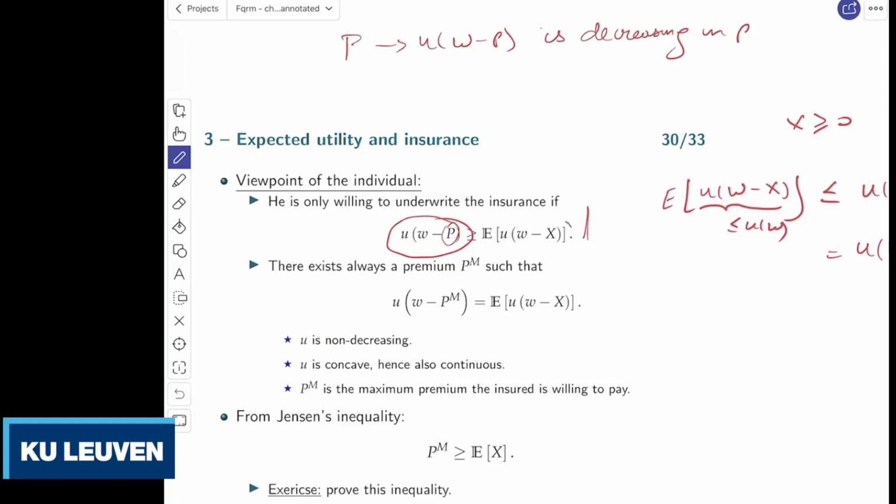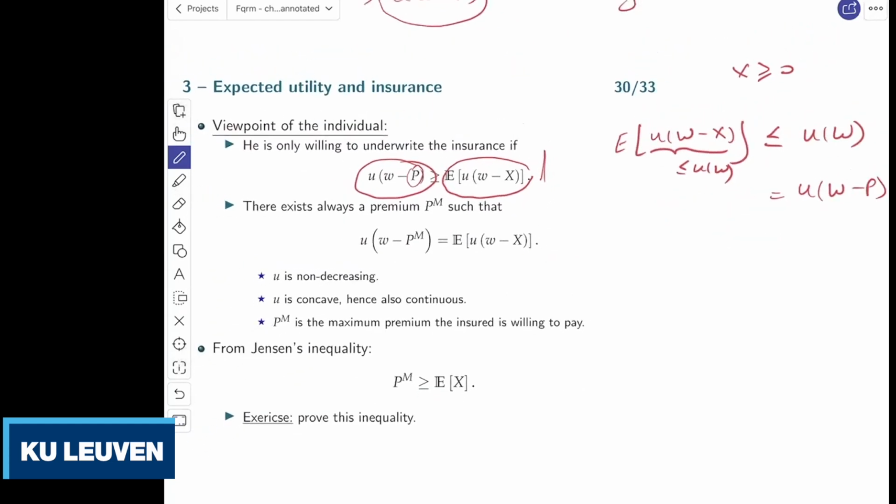Okay, that's on the left-hand side. If you look on the right-hand side, this expected utility does not depend on P. Right? You can just calculate, if I suffer this loss, this is my expected utility. So you have a fixed level for your expected utility, and your utility, in case you take insurance, goes down in function of the premium.